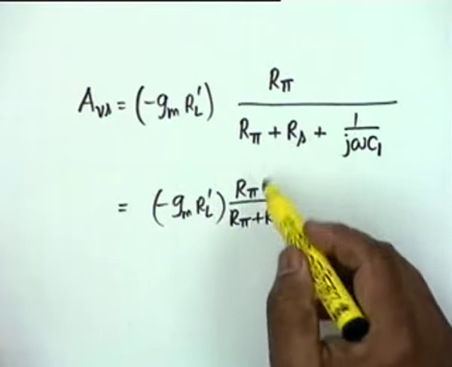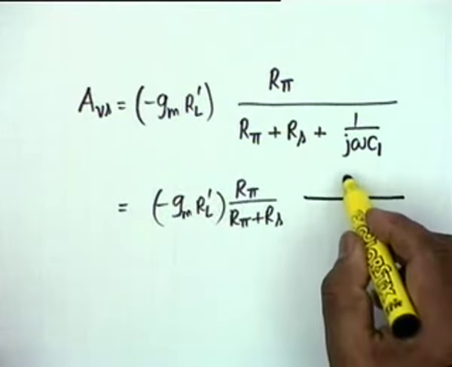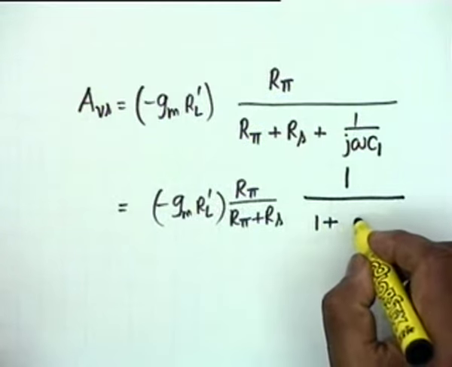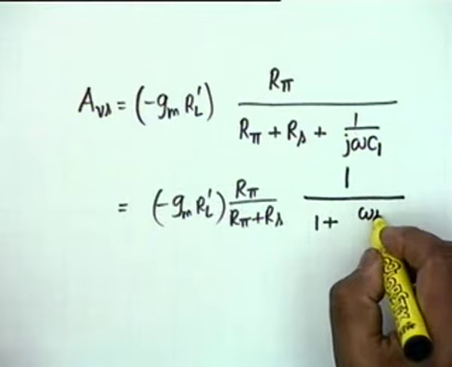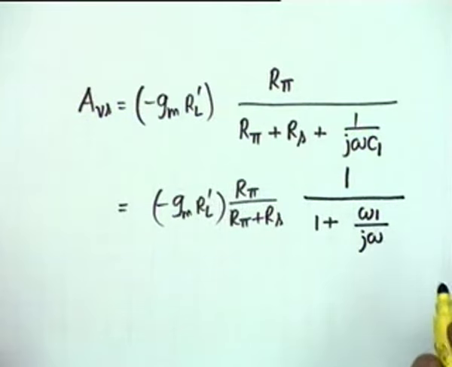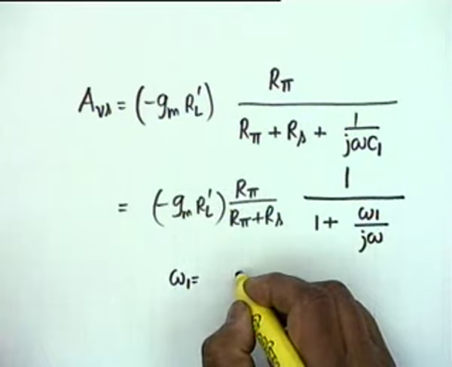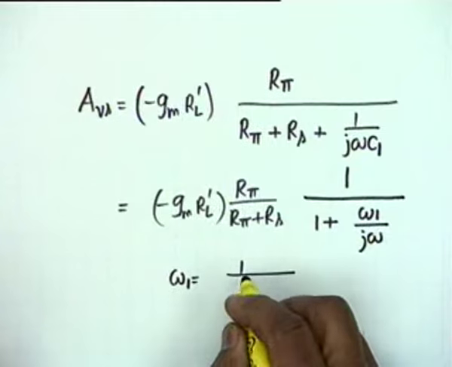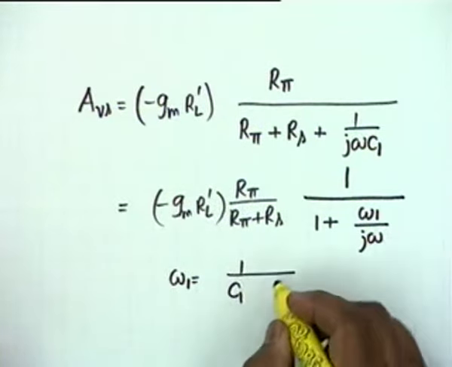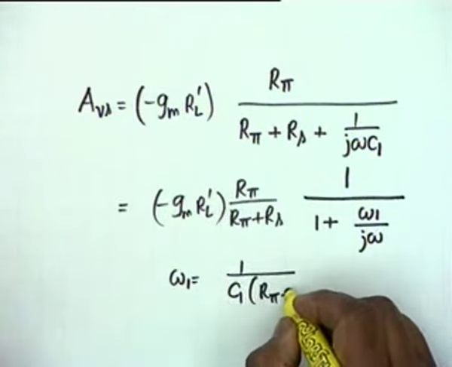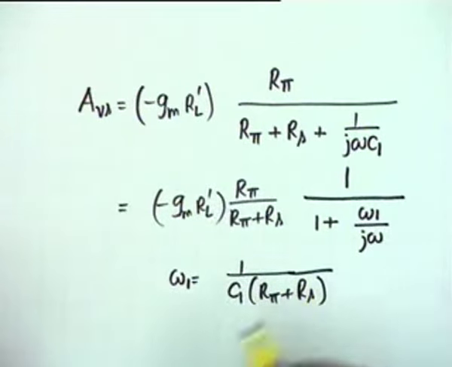And the effect of C1 is obvious, that is equal to minus Gm RL prime multiplied by R pi divided by R pi plus Rs. I take R pi plus Rs common, then we have 1 divided by 1 plus 1 divided by j omega, where omega 1 is equal to 1 over C1 multiplied by R pi plus Rs. Is that okay?